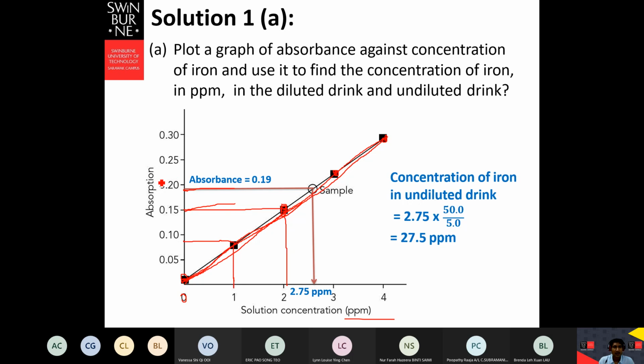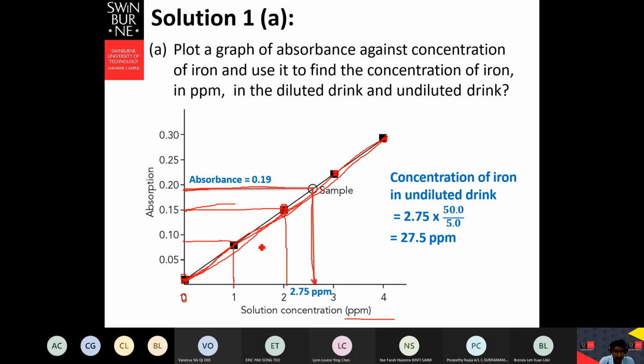All right. And now the unknown sample, my milk sample, that gives a 0.19 absorption reading. I make a straight line on that, to the standard curve, and then I drop down a line on the concentration axis.